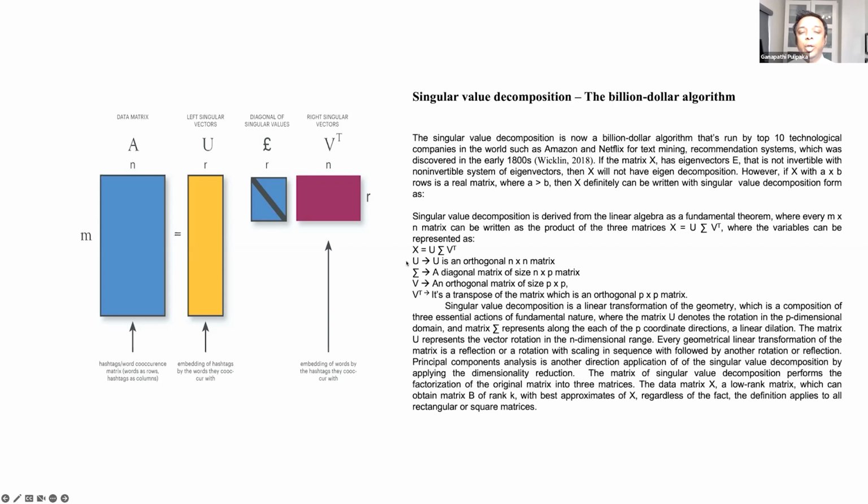For example, U is an orthogonal n by n matrix. And sigma is a diagonal matrix of size n by p. And V is an orthogonal matrix of size p by p. And V transpose is simply the transpose of that matrix, an orthogonal p by p matrix.